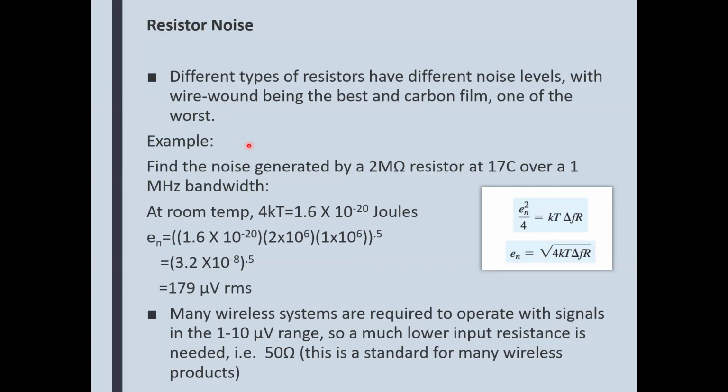Well, they're cheap. Example: find the noise generated by a 2 mega ohm resistor at 17 degrees Celsius over 1 megahertz bandwidth.